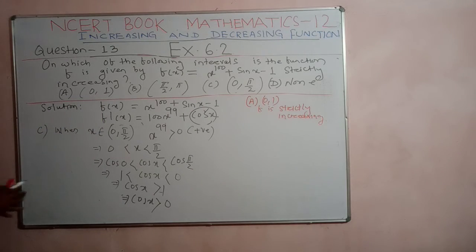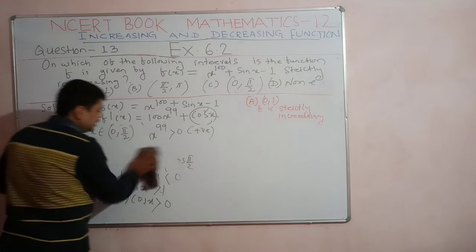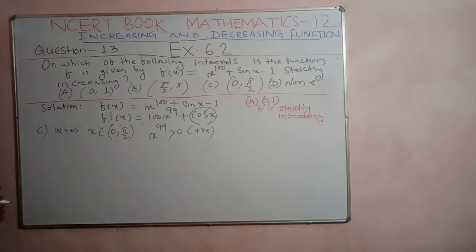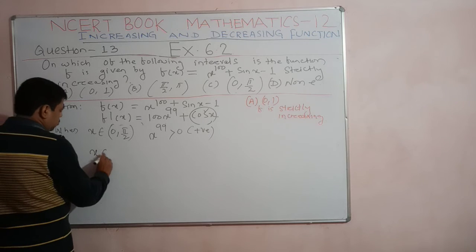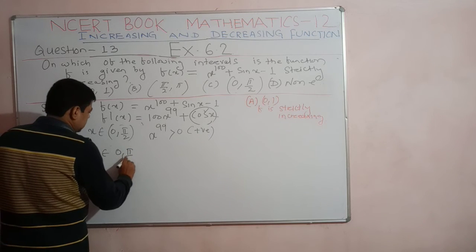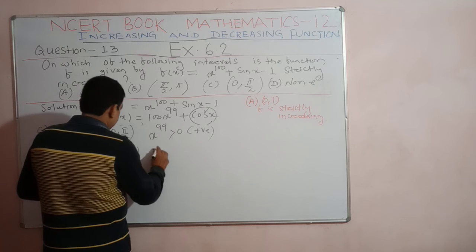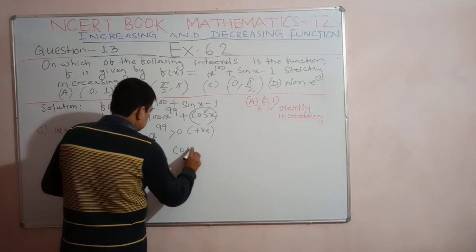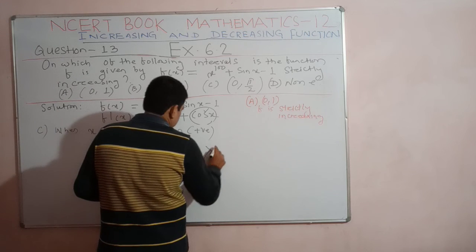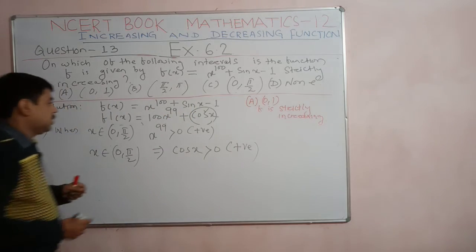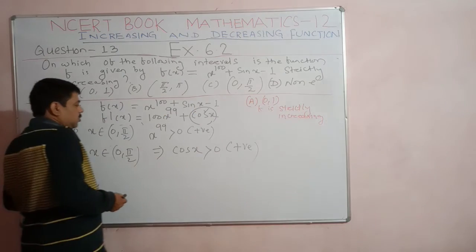Let's see once again. Here x belongs to 0 to pi by 2. Cos x is greater than 0, is positive, because the angle lies in the first quadrant. Cos x is positive, all of you know.